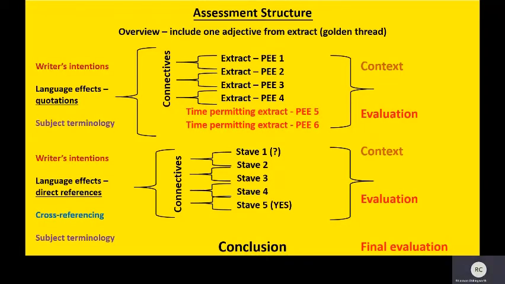We're not going to worry too much about the level of detail on this slide, but I just want to remind you of the 3 sections to your exam answer. You have an overview. You should summarise the question. So our question is going to be on different characters' attitudes to Christmas.